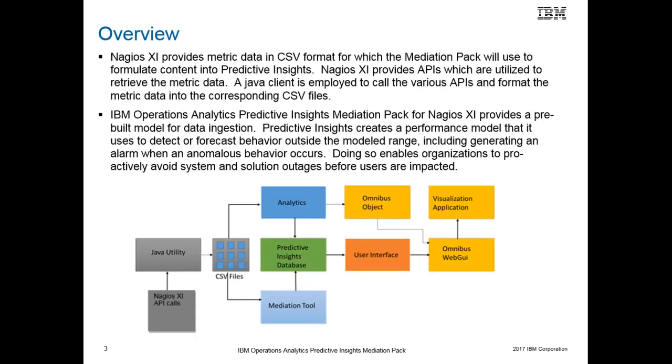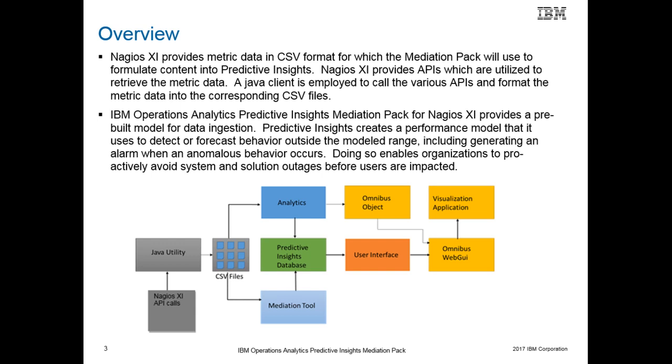The IBM Operations Analytics Predictive Insights Mediation Pack for Nagios XI provides a pre-built model for data ingestion. This model is then used to forecast behavior outside of the modeled range, which generates alarms. The Nagios XI Mediation Pack provides metric data in CSV format, which the Mediation Pack will use to formulate content into predictive insights.